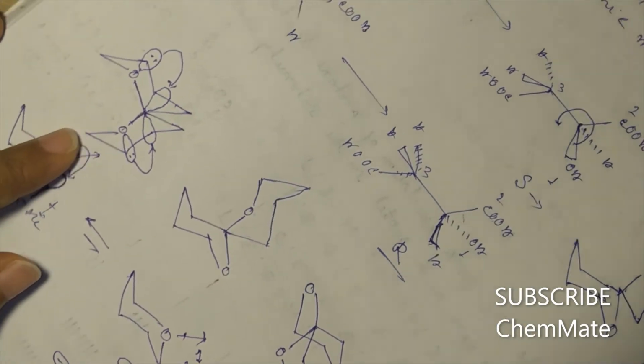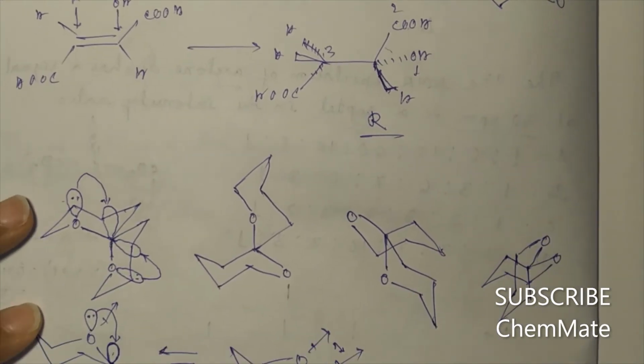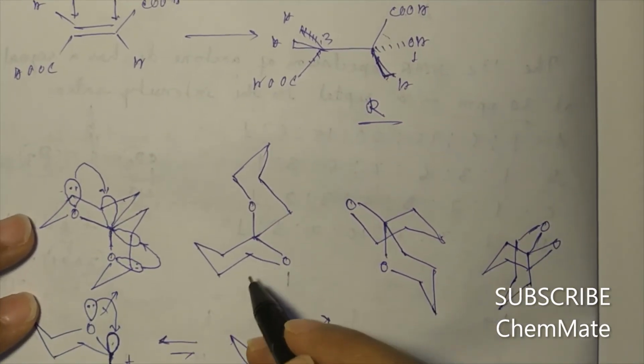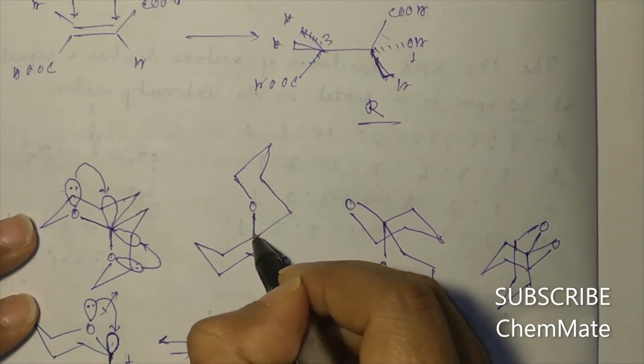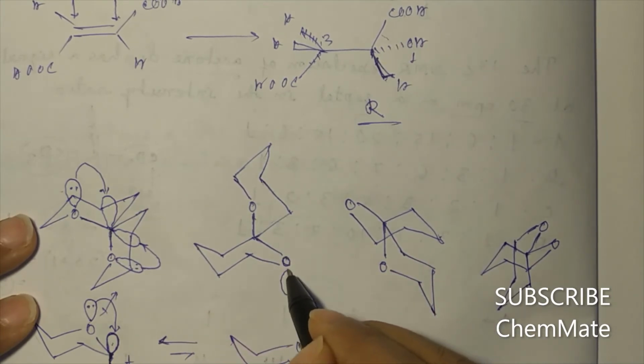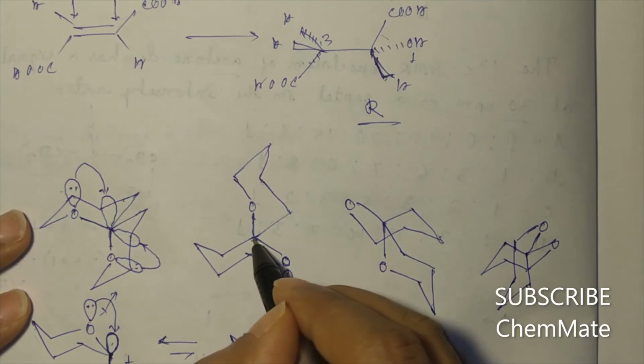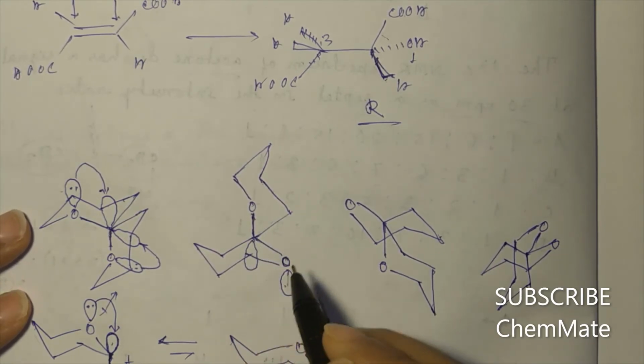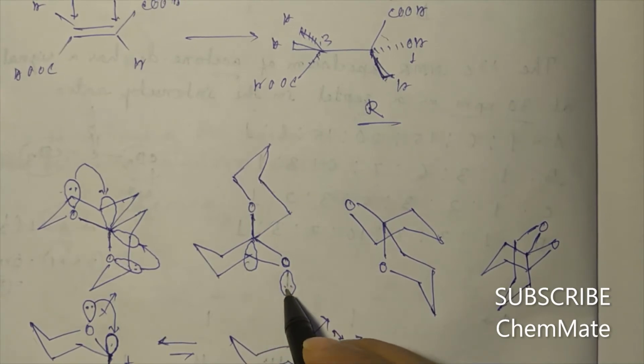in this compound. But in case of this compound, here this is axial and the oxygen has one lone pair in this direction and it has the sigma star orbital in this direction, so this lone pair will be given easily.